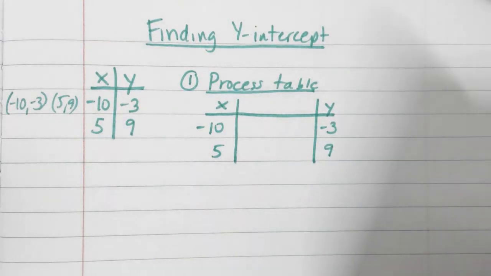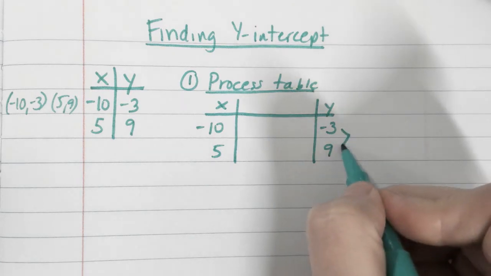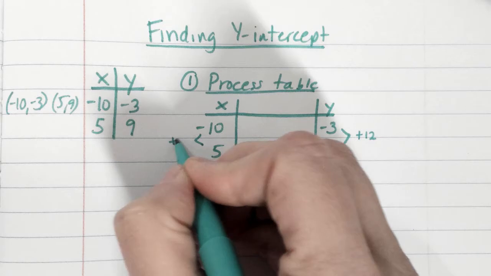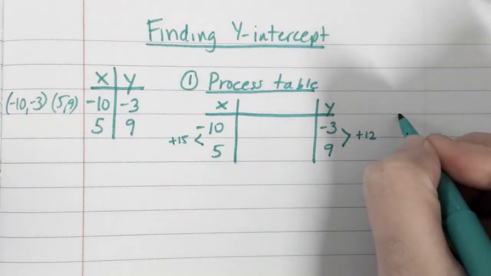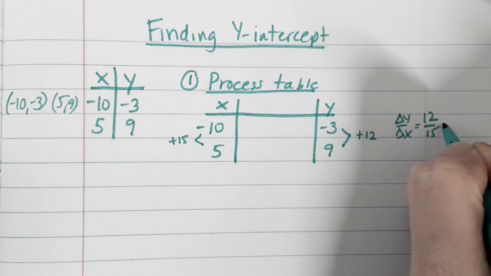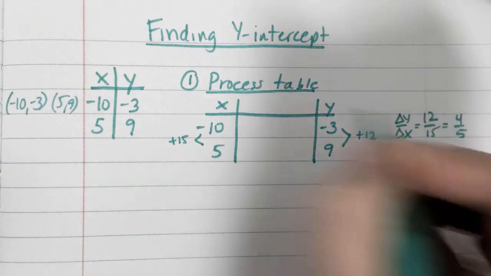So I start by finding slope. To get from -3 to 9, I add 12. To get from -10 to 5, I add 15. And then I take my delta y over delta x, and I get 12 over 15, which reduces to 4/5.